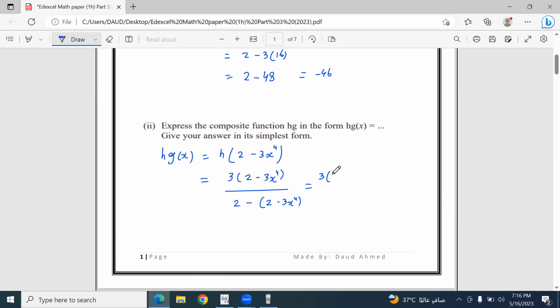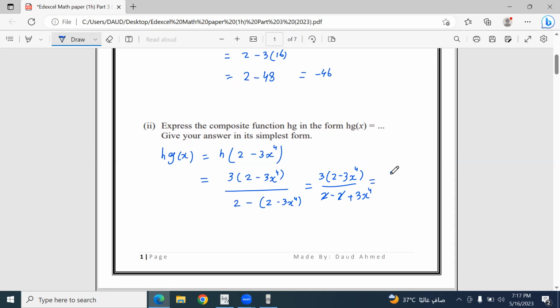Multiply minus inside, so minus 2 and minus times minus gives plus 3x power 4. We can cancel plus 2 and minus 2.